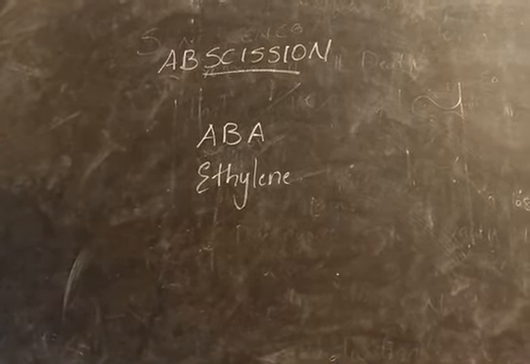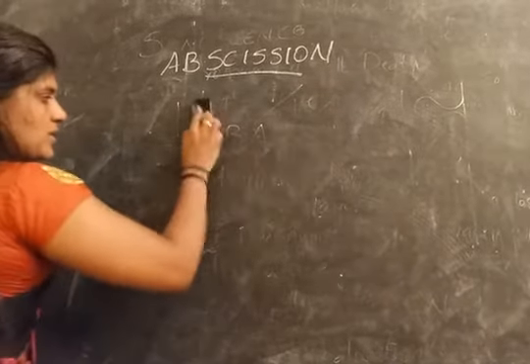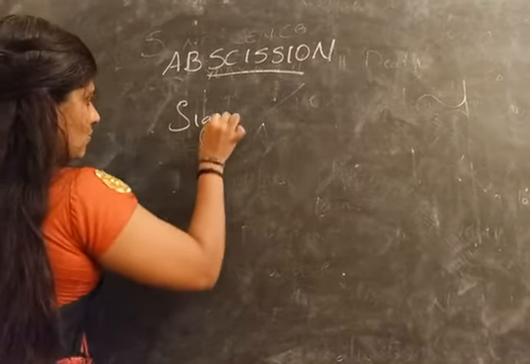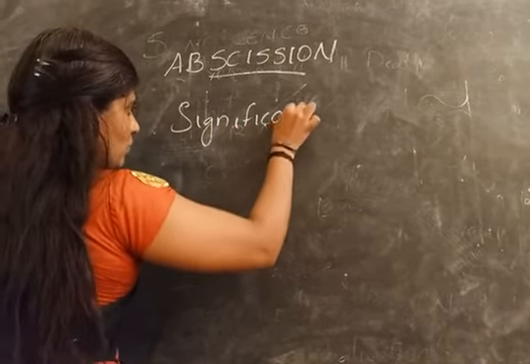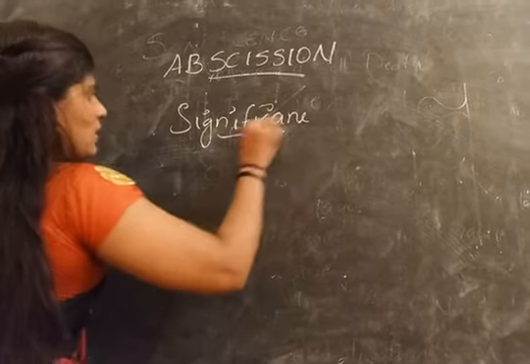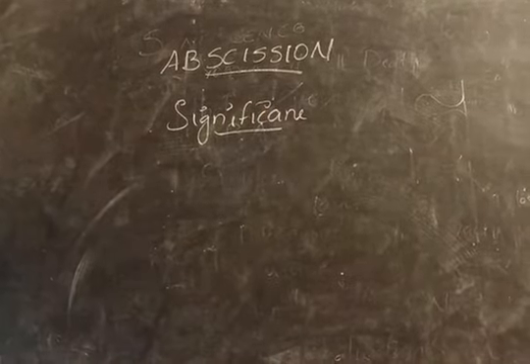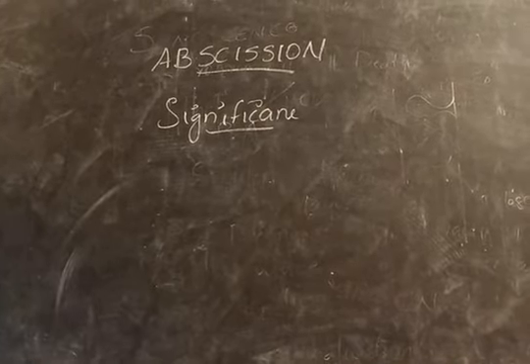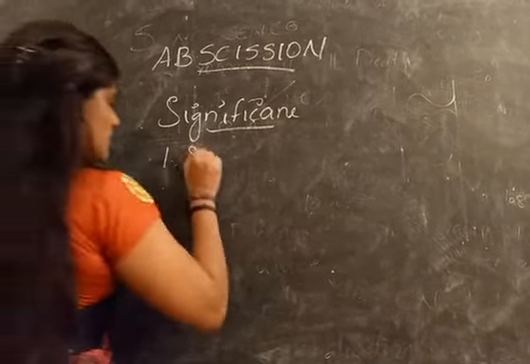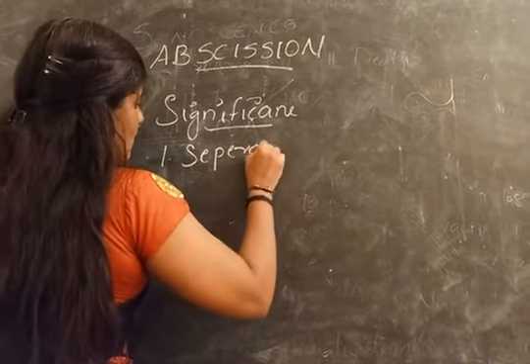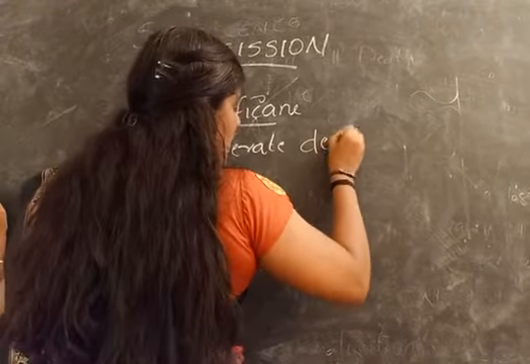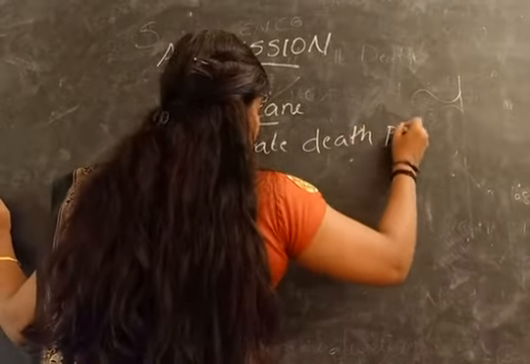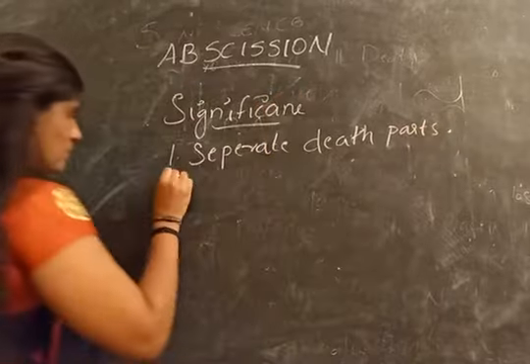Now, looking at the significance of abscission. First, abscission separates dead parts of the plant like old leaves and dry fruits from the parent body.